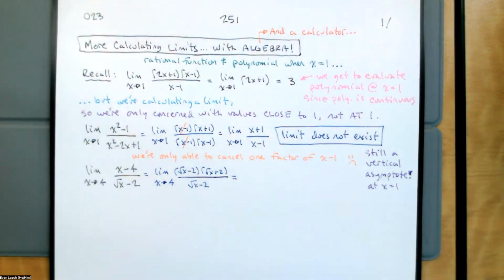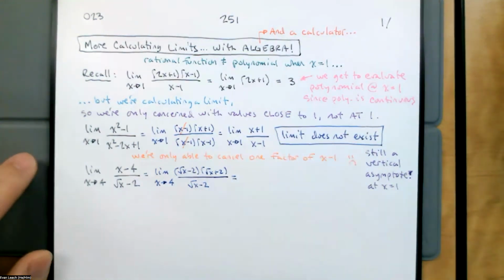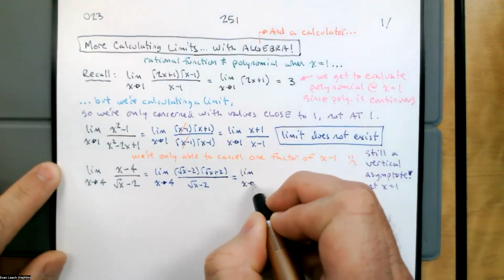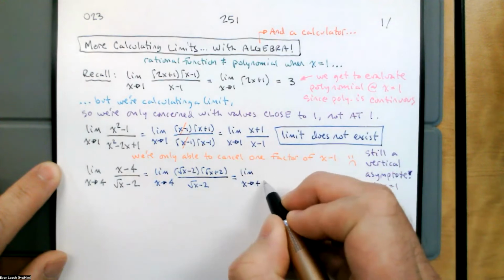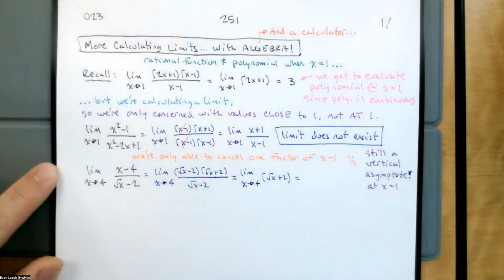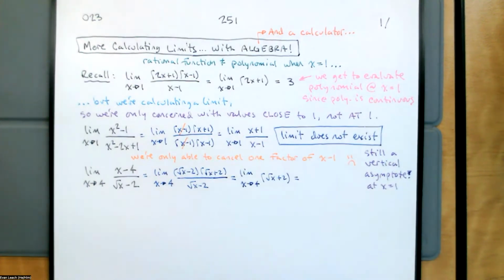So if we expand our ideas about factoring, we see we can cancel out the denominator. So now when we plug in x equals 4, the square root of 4 is 2. 2 plus 2 is back to being 4.